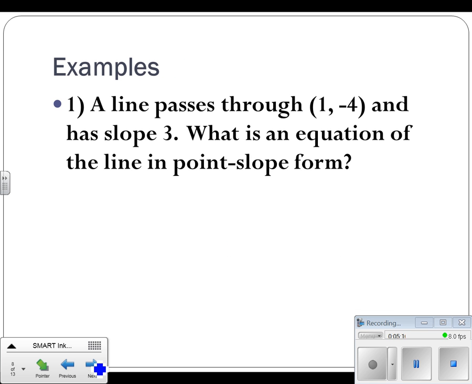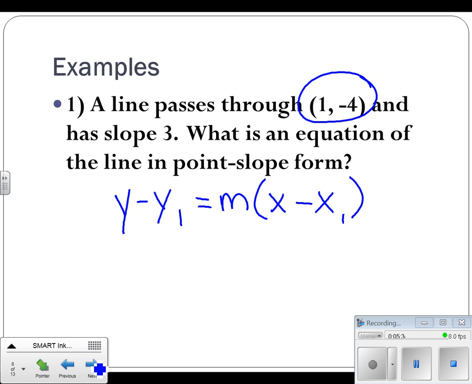A line that passes through 1, -4, and has a slope of 3, what is that equation in point slope form? So we know what that form is. The form is y minus y sub 1 equals m times x minus x sub 1. We're going to replace values here, 1 for the x sub 1, and -4 for our y sub 1.